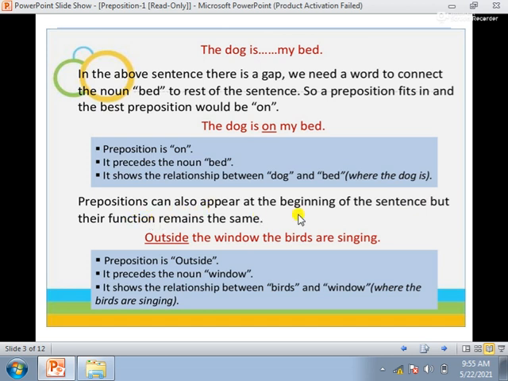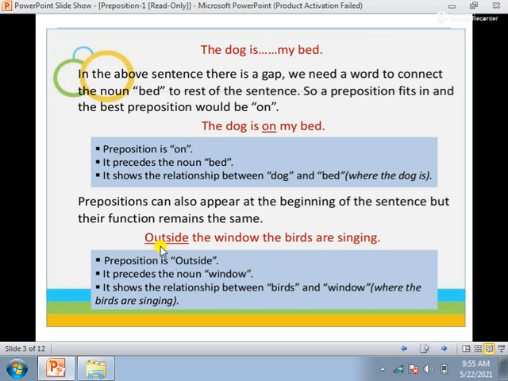A preposition can also appear at the beginning of the sentence, but its function remains the same. The basic structure remains the same. Outside the window, the birds are singing.